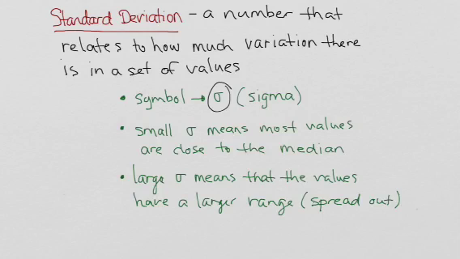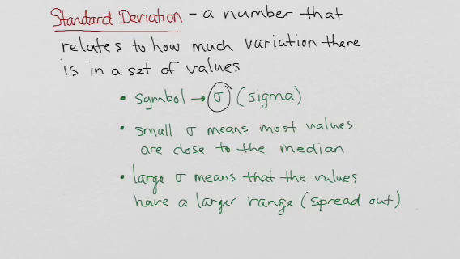So if you know anything about Greek lettering, that's what that one is. And if that number is small, it means most of our values are close to the median. So we have to find the median here. Again, that's a key number in doing standard deviation. And if I have a small standard deviation number like 2 or 3, it tells us my numbers are all clumped near the median. If I have a large standard deviation, that means the values have a large range and that they're all spread out all over the place.